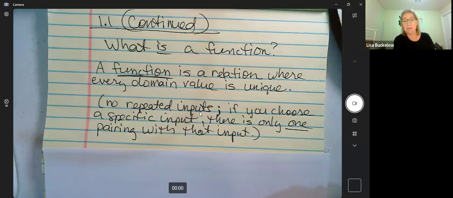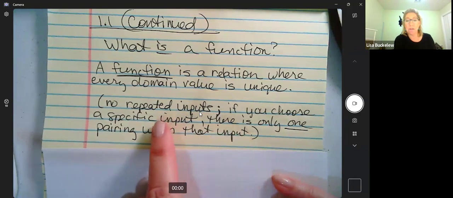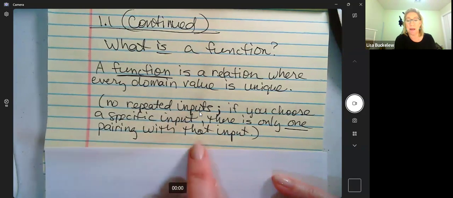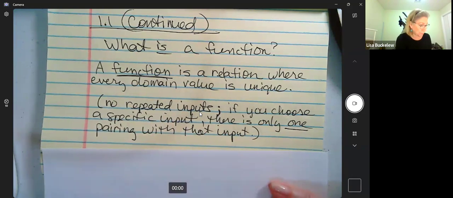Okay, so another way of thinking of it, and sometimes when it's a verbal description, think to yourself, if I were to choose a specific input value, would there only be one choice, one pair that has that input value for X? If there's more than one pair that has that same X value, you do not have a function.